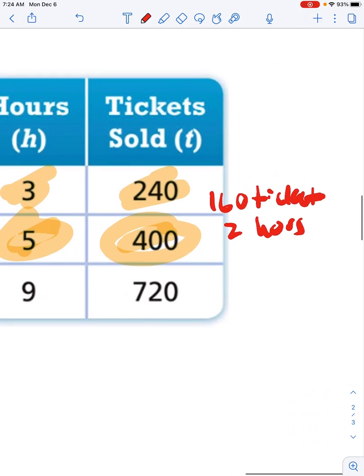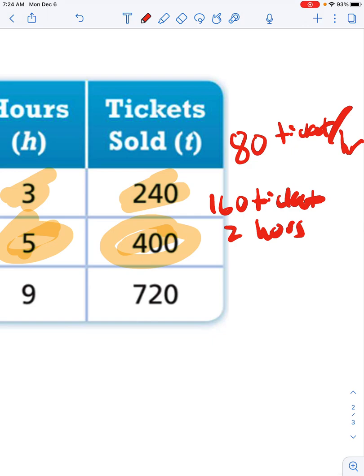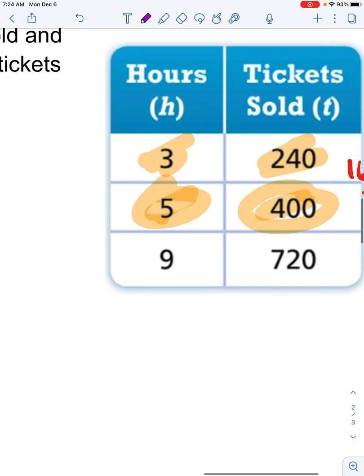So between hours 3 and 5, that means we sold 80 tickets per hour, which is pretty good. But I also need to check that same thing over here.